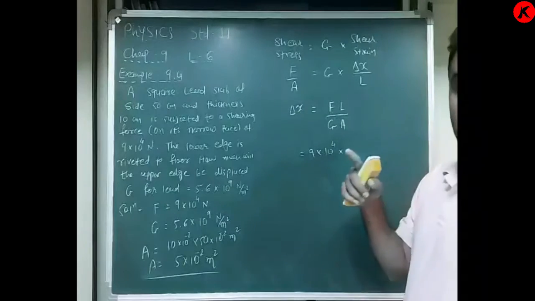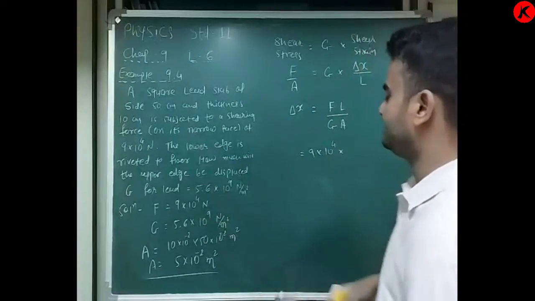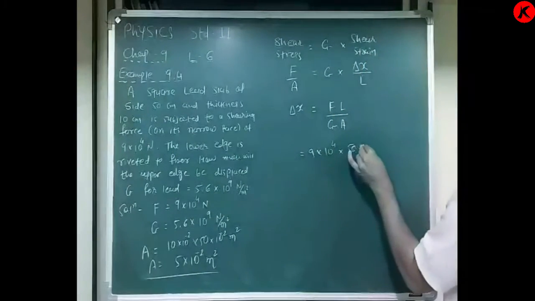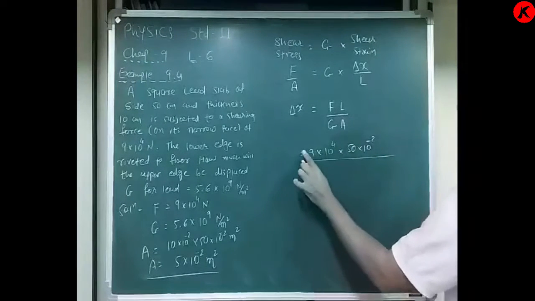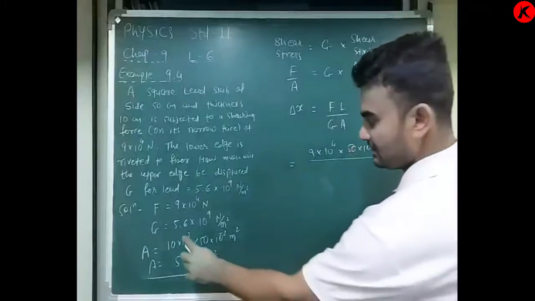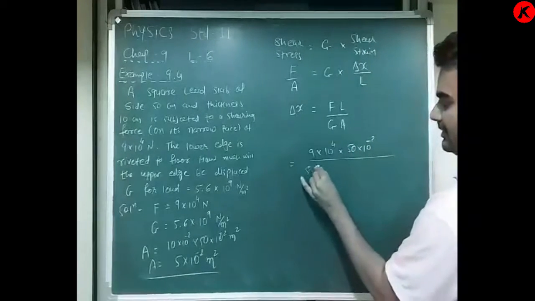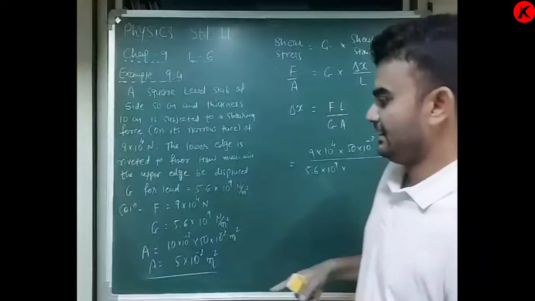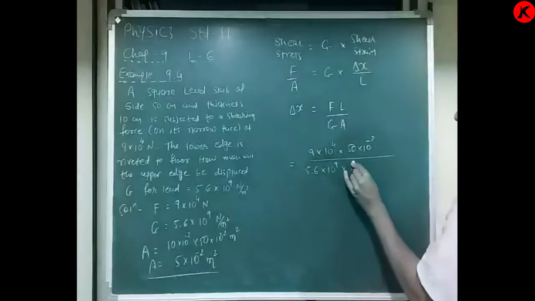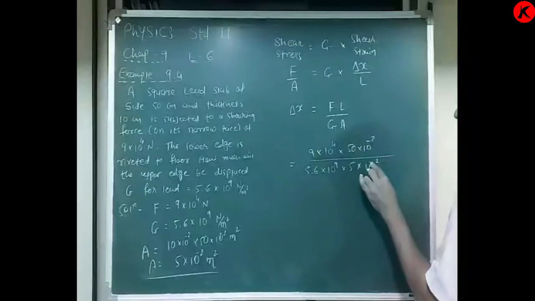L, length. One side is 15 centimeter, so 15 into 10 raised to minus 2. F L upon G A. What is G? G is 5.6 into 10 raised to 9 and A is area, 5 into 10 raised to minus 2.